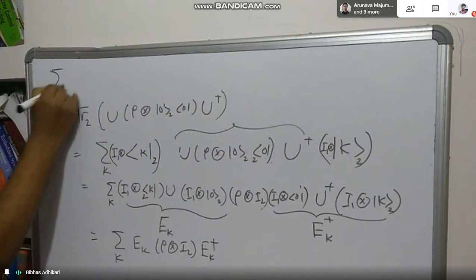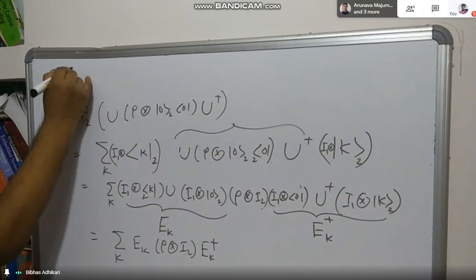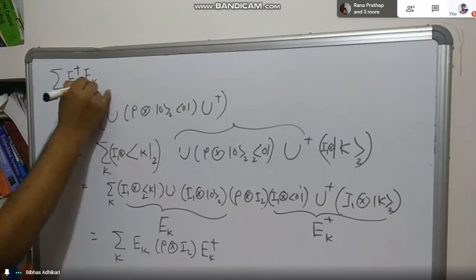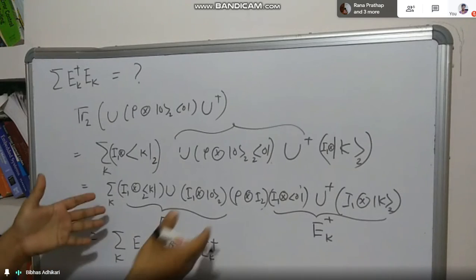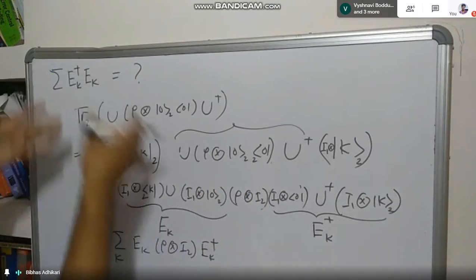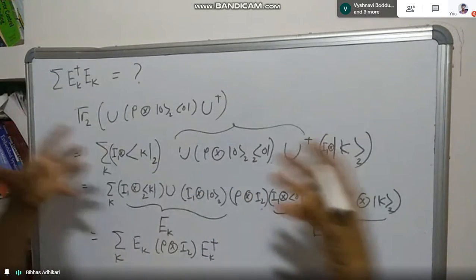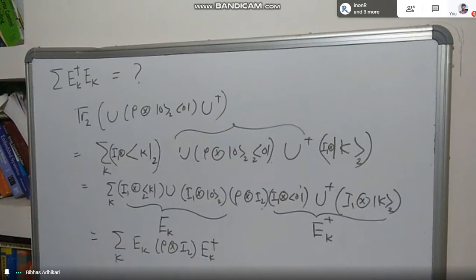If you calculate EK dagger EK, then what do you get? Just do a little bit of calculation and see. You just have to multiply. You have to take first this one, then this one, and then component wise you just multiply. And tell me what this is.